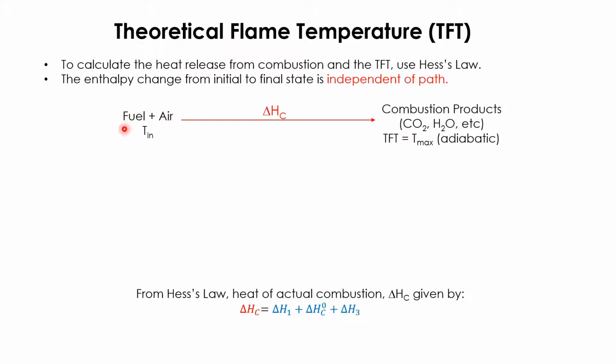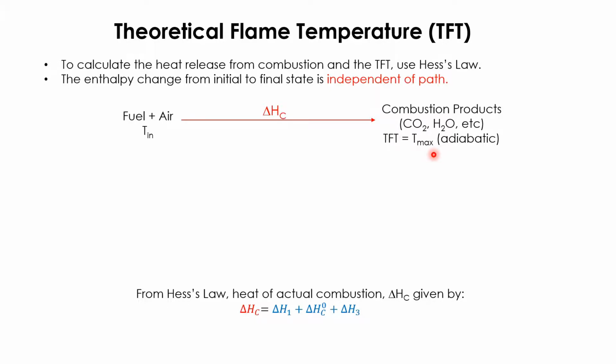We have fuel and air entering the furnace at the inlet temperature, with a delta H of combustion. Then in an adiabatic process, we have combustion products, carbon dioxide, water, nitrogen, and so on, reaching the maximum temperature, which is the theoretical flame temperature.